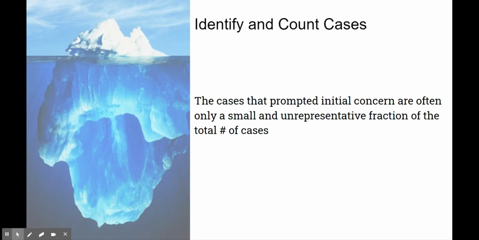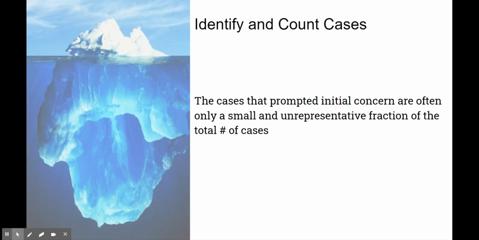And usually we are, at least in the early phases, counting the quote unquote tip of the iceberg. We are able to count and identify people who are usually just very obviously sick or very obviously fit the case definition. There are, as we've learned with the COVID-19 pandemic, a lot of people who are asymptomatic, who do not have the clinical symptoms that would classify them as a case.